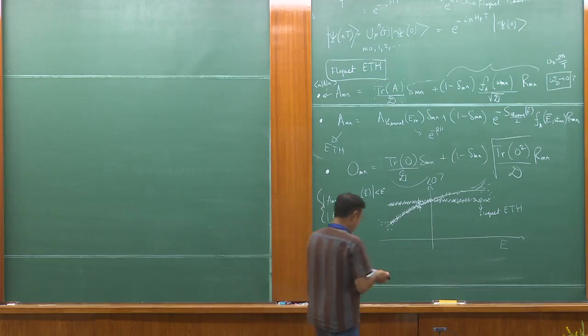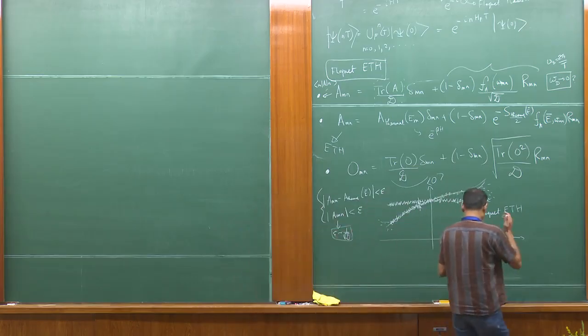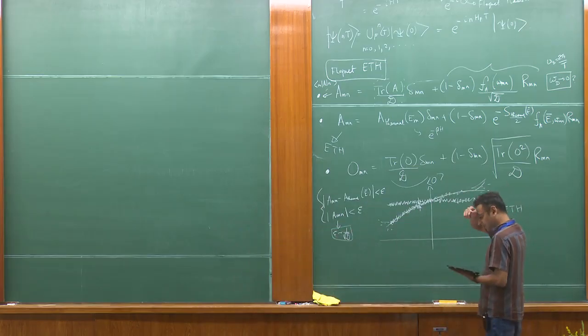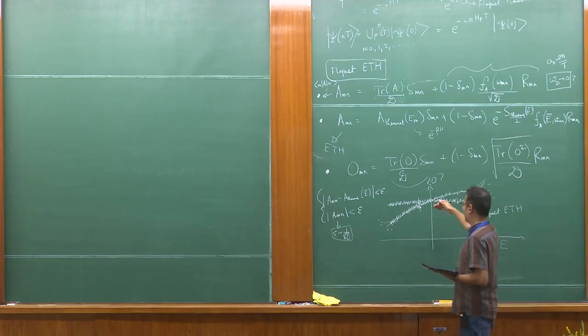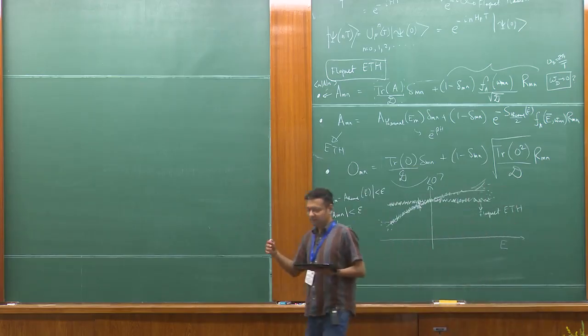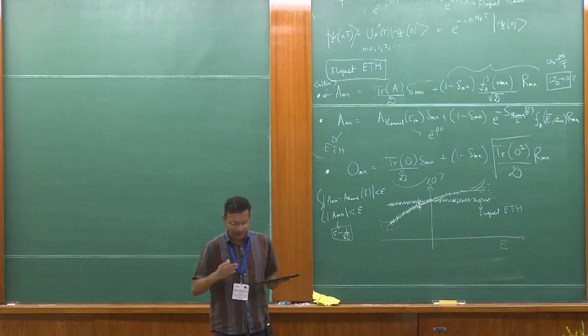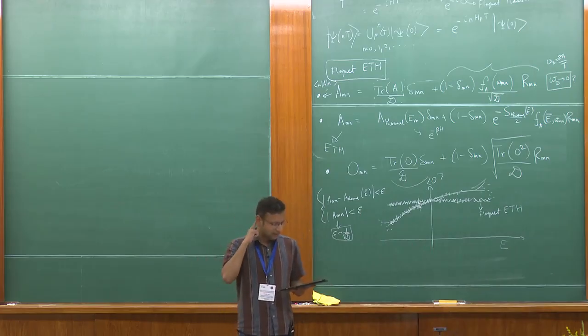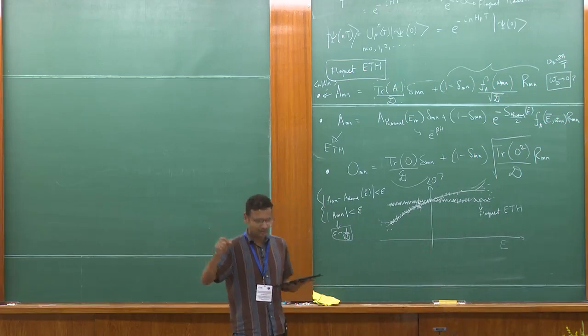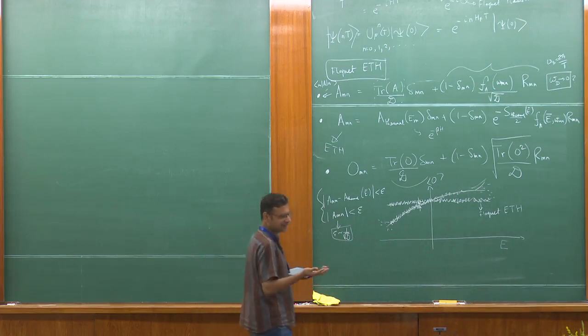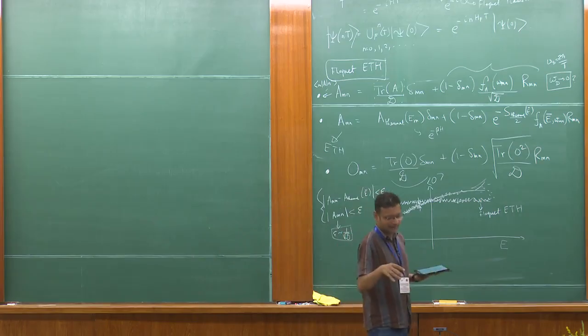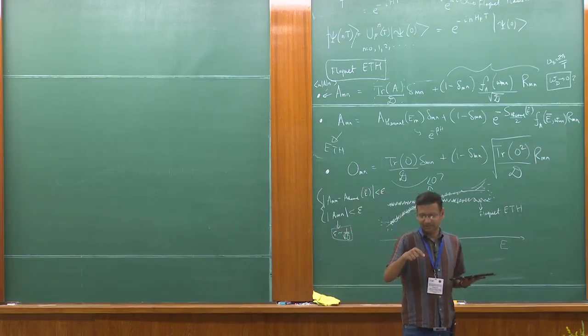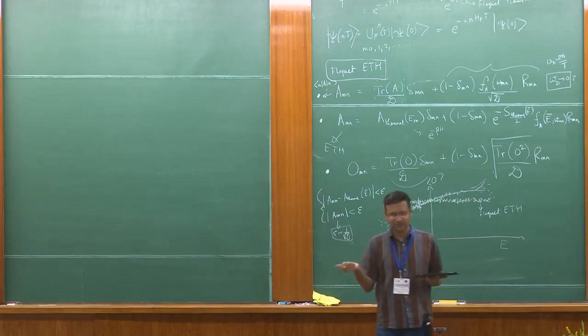So the first important thing which we talked about even in the previous lecture was that now if you want to think of energy, because you're actually driving the system, energy is only conserved mod 2 pi by capital T, right? It's in the same sense as if you take a particle in a potential which is periodic, then the momentum is no longer conserved.